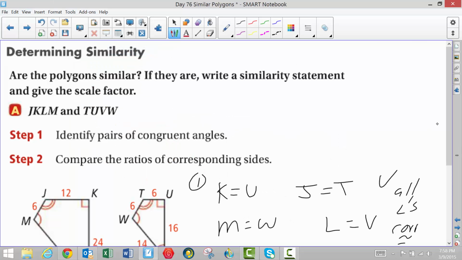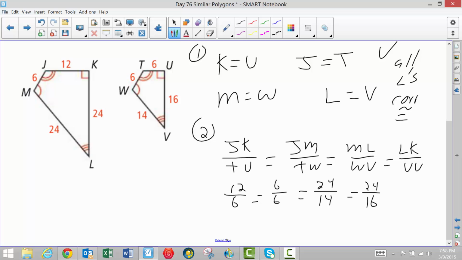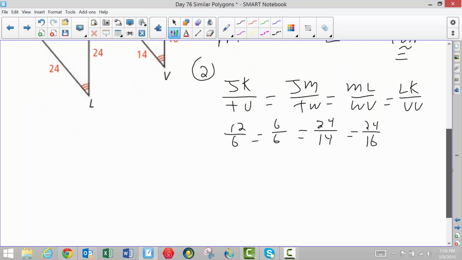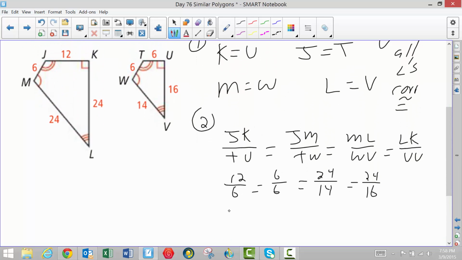So we have to simplify. So 12 over 6 is 2 over 1, 1 over 1, 24 over 14 is, we can reduce that, 2 goes into both, so that's 12 over 7.